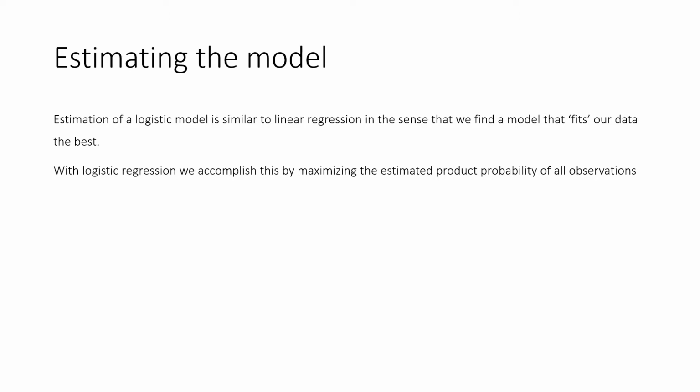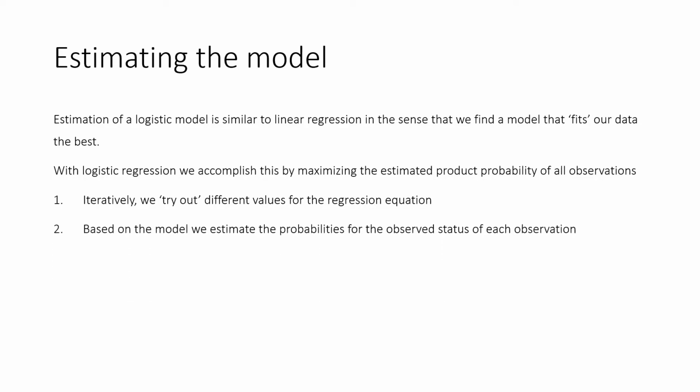And we do that in certain steps. The first step is that we try out different values for the regression equation. We do that iteratively. So we keep just using new values and we estimate probabilities. The second step is that based on those values, we estimate the probabilities for the observed status of an observation. And I'll show you how this works in a second.